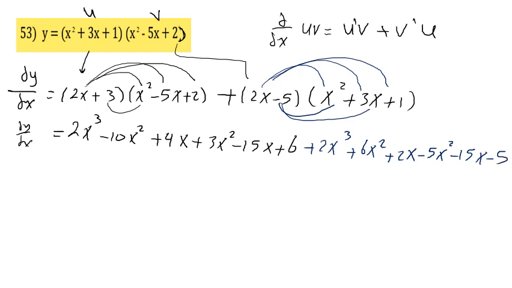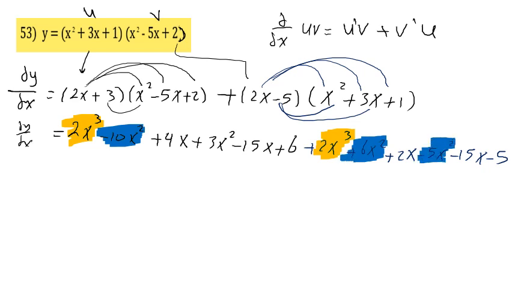Let's add the like terms. 2x to the power 3 and 2x to the power 3. Negative 10x squared and positive 6x squared and negative 5x squared. 4x, I forgot something, 3x squared, sorry.